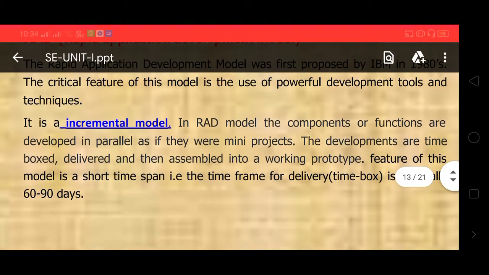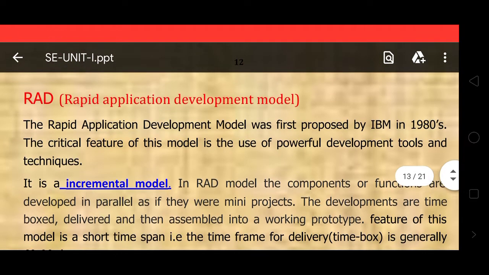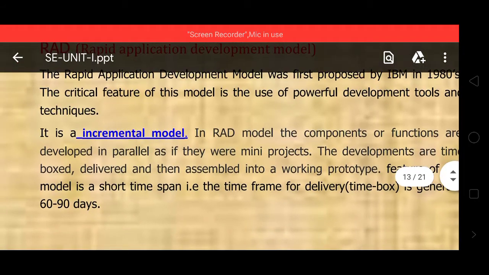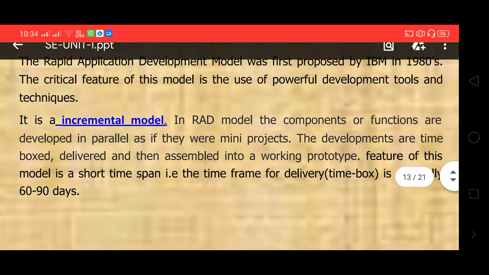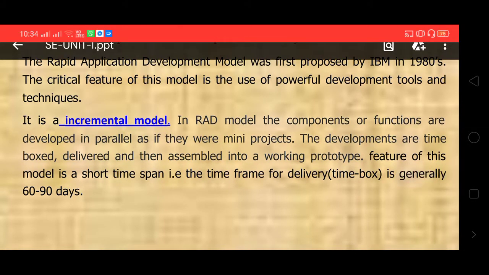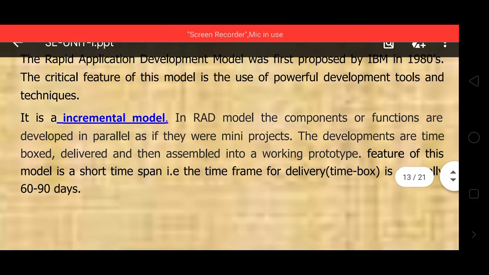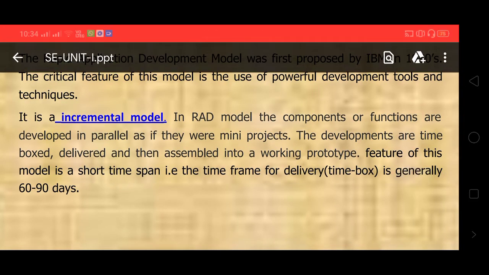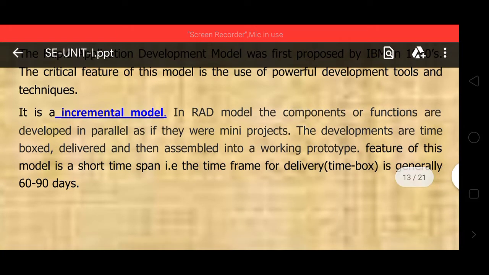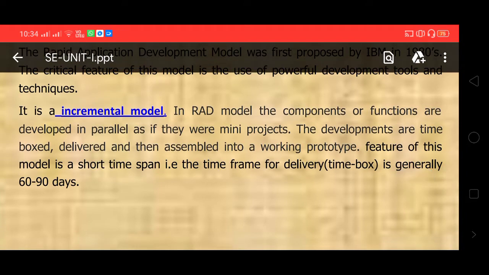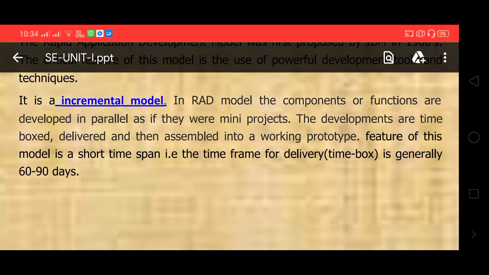In the RAD model, what is RAD? Rapid Application Development Model. The components or functions are developed in parallel as if they were mini projects. It is used for many projects. The developments are time boxed, delivered and then assembled into a working prototype.